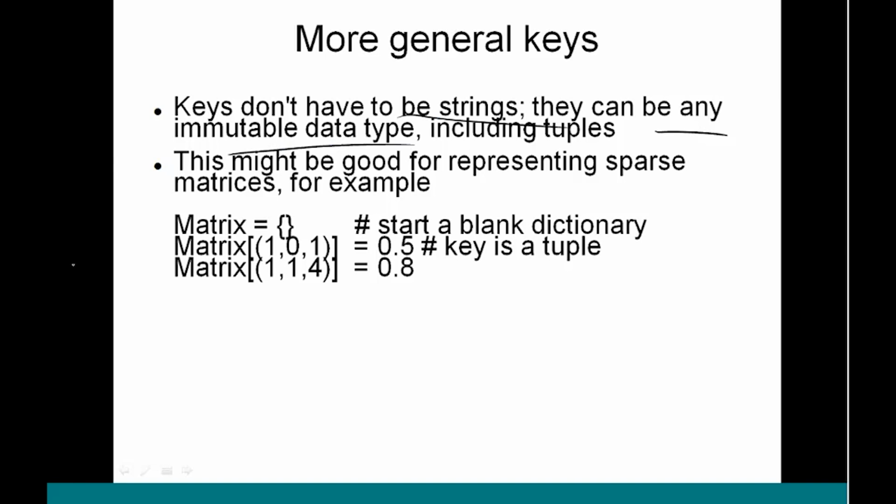Here there is a matrix which is just a blank dictionary, and then we populate one value, 101, with 0.5. So the key is a tuple, enclosed within the parentheses, and 114 is another one, which is 0.8. It's good that you don't need a string or any other data type.